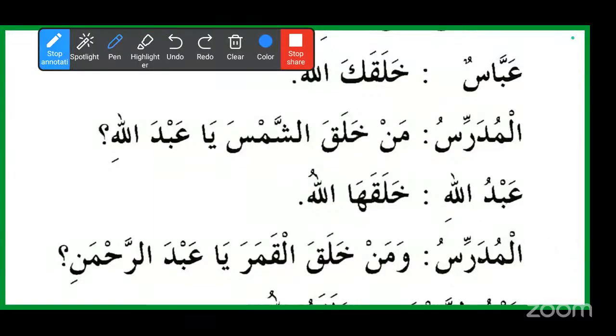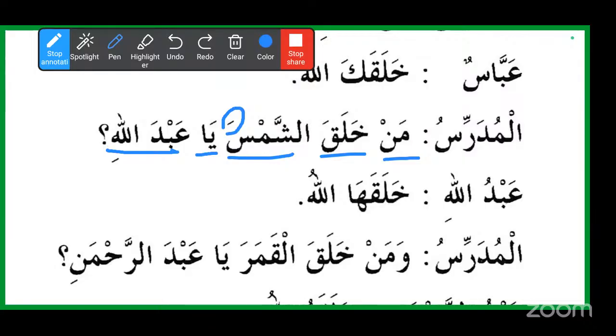Oh, this needs much explanation. Man khalaqa shamsa. Man means who. Khalaqa means created. Ash-shamsa means the sun, which is the object of creation. Ya is the harf al-nida. Abdullah is the munada. Abdullah is mudaf mudafun ilayh.